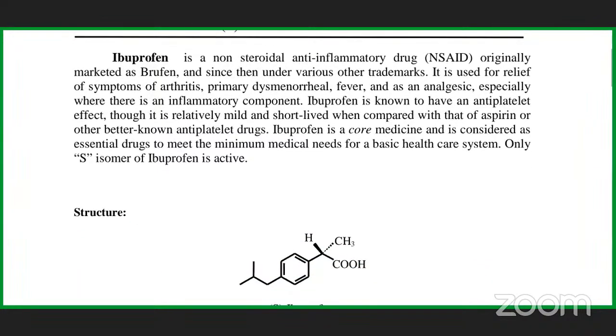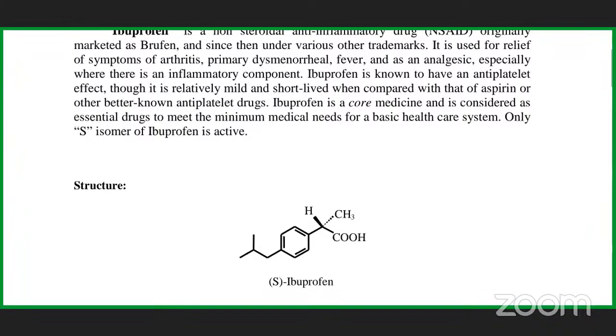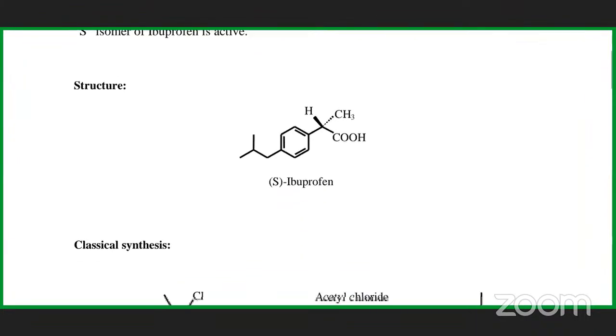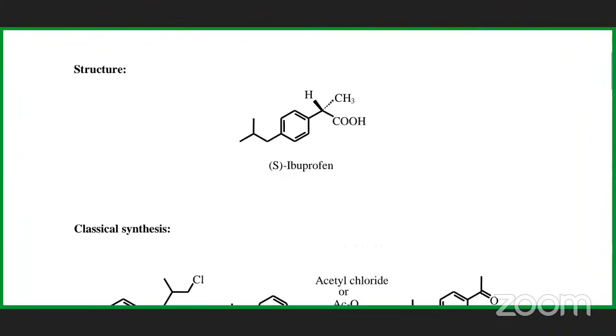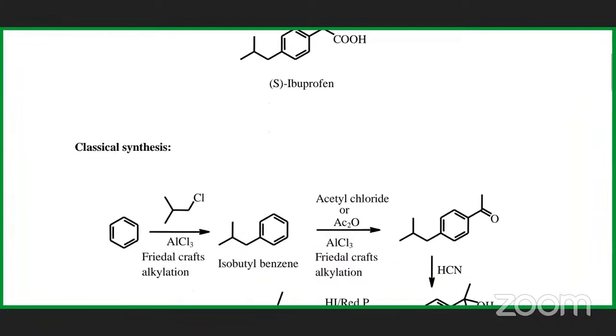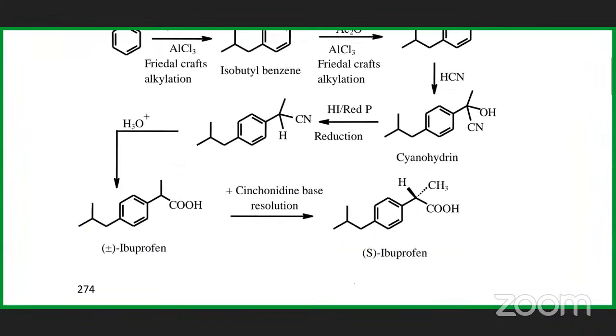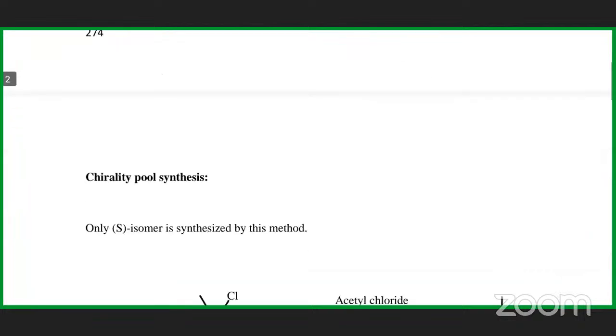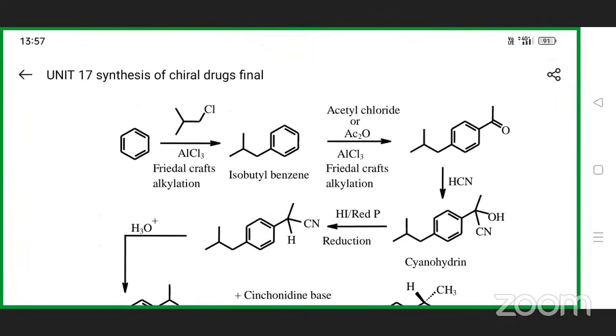And how is it generally synthesized? Here the S-ibuprofen structure is this one, and you can see the structure has one chiral center. Generally, the synthesis of chiral drugs involves two methods.